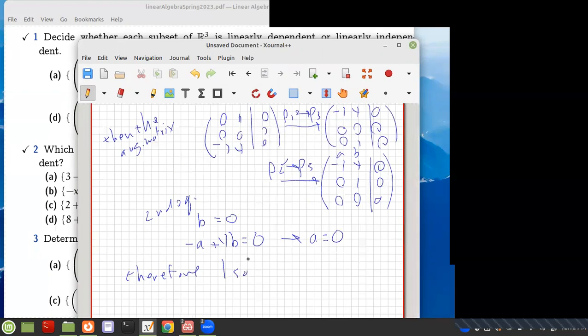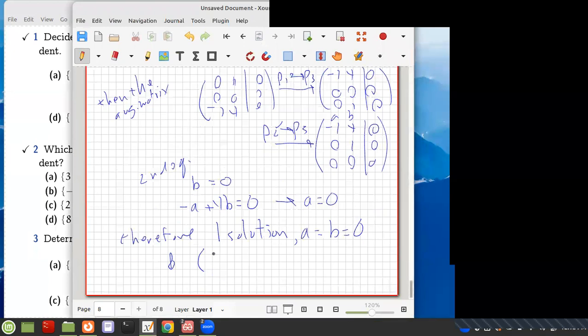Therefore, there is one solution, A equals B equals 0, and the vectors 0, 0, minus 1 and 1, 0, 4 are linearly independent. Okay?